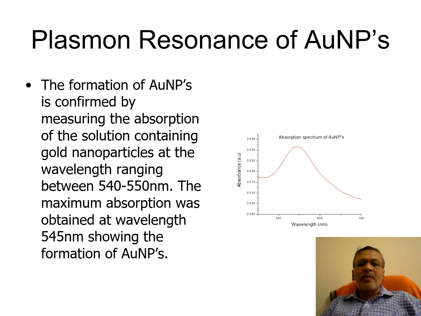So we know surface plasmon resonance occurs whenever the incident wavelength of light matches with the size of the nanoparticles. As a result, a sudden bump is observed in ultraviolet visible spectrophotometry, and that peak is called surface plasmon resonance.